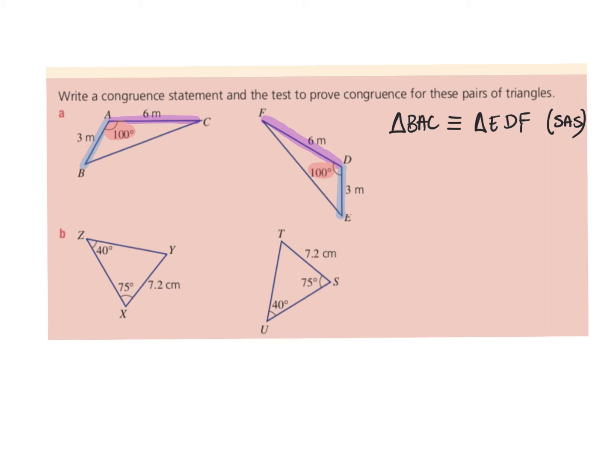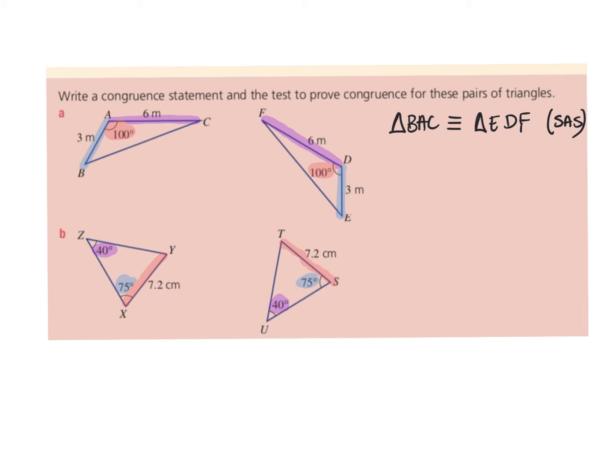All right, let's have a look at the second one down here. Now, I've been given an angle, 40 and 40, and then I also have a 75 and 75. So two angles are the same, and when that's the case, we're looking for a side length that is the same, which we have here, 7.2. Okay, so I can say they're congruent again.